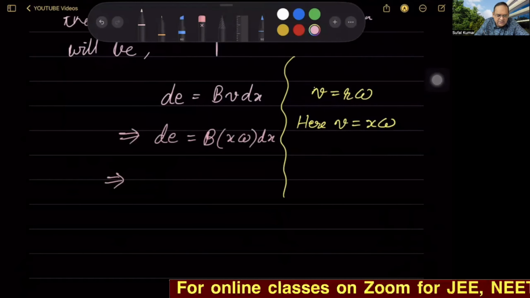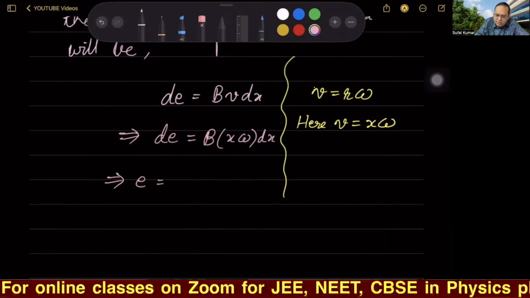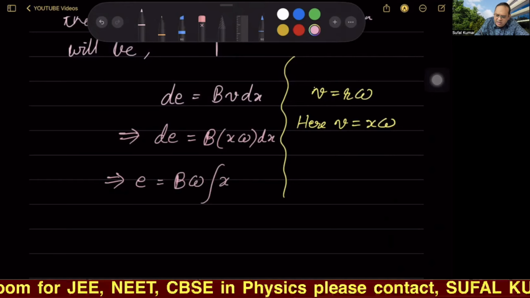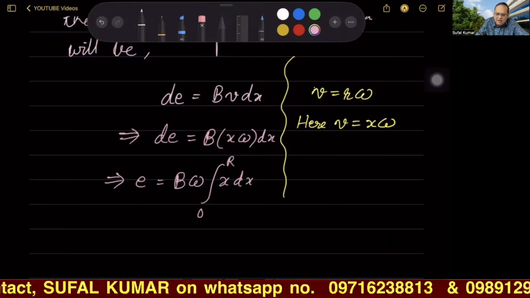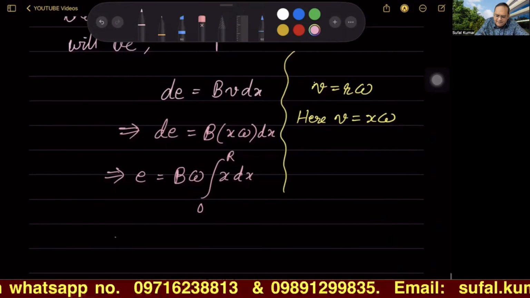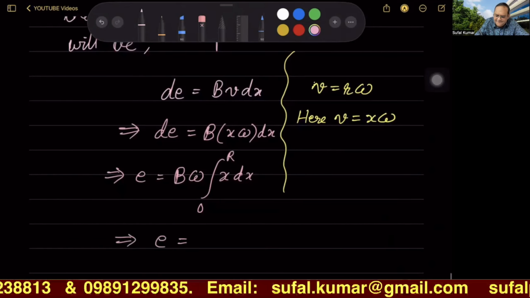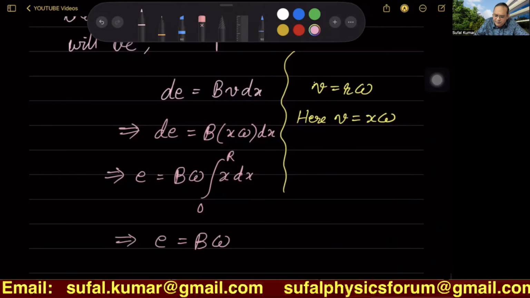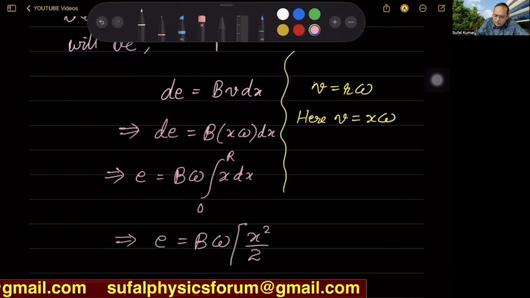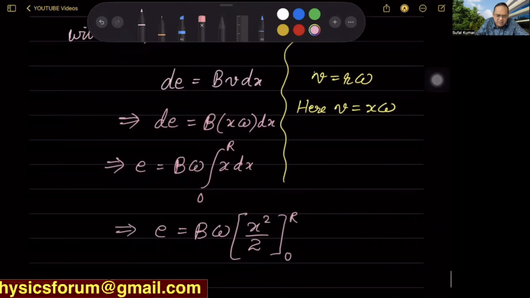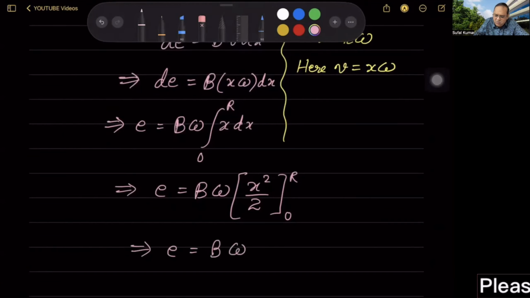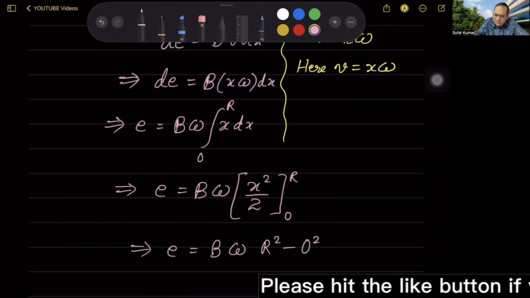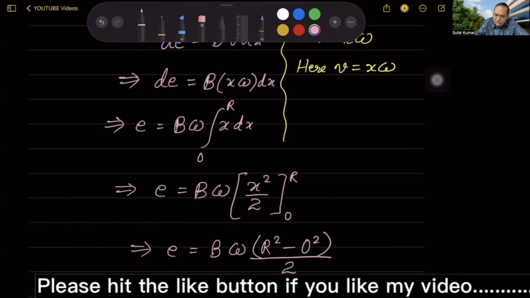It implies that E is equal to B omega integral of x dx, limit from 0 to capital R, which gives x square upon 2, 0 to R. It implies that E is equal to B omega times R square minus 0 square by 2.